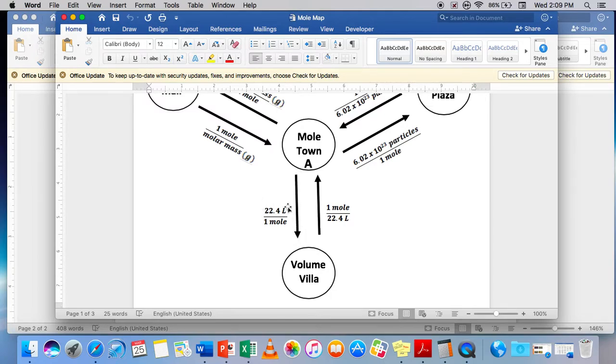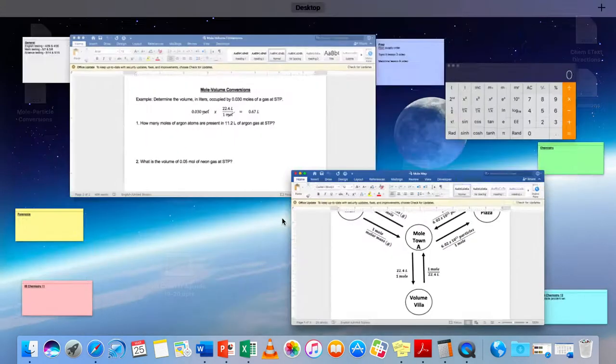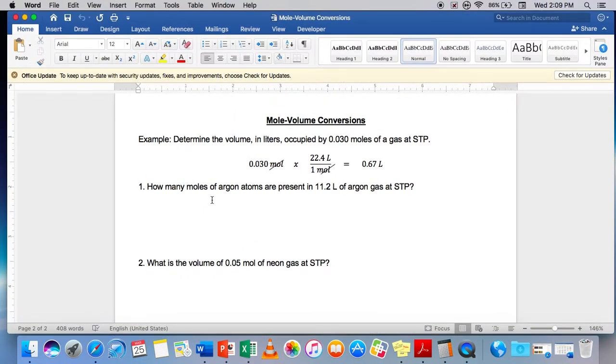The conversion factor that we're going to use is 22.4 liters on the top and 1 mole on the bottom. As you can see in the example, we start with 0.03 moles and multiply it by 22.4 liters divided by 1 mole.